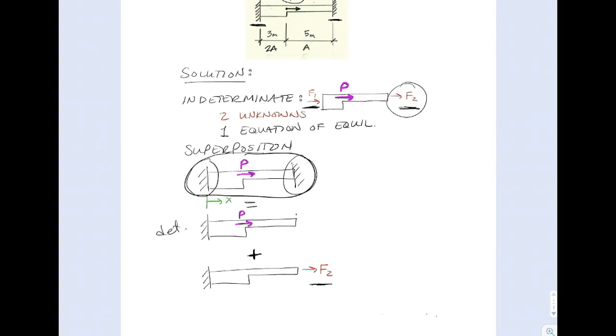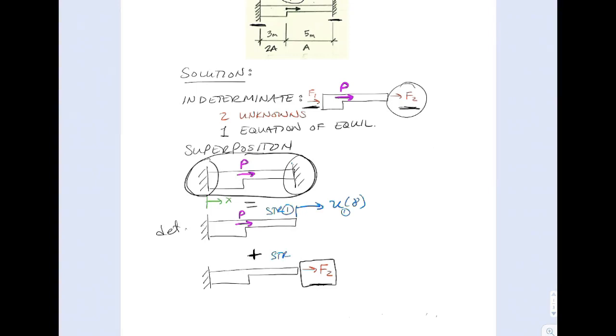And I'm going to need to apply a constraint equation. Right there we have an unknown force F2. The right end of the beam is allowed to move. So let's highlight right here. I have U at 8 meters, and that's going to be in what we call structure 1.